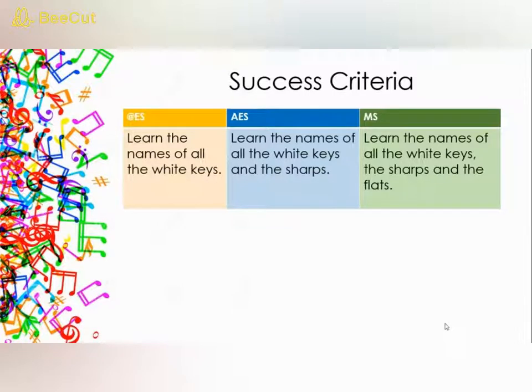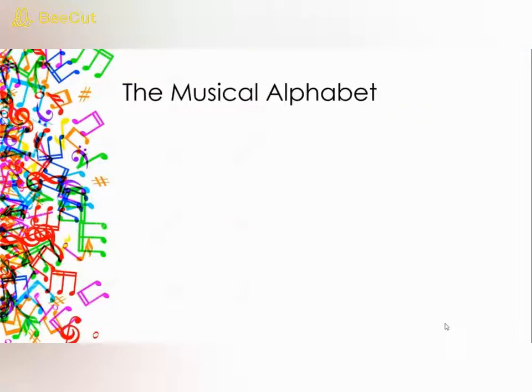For those who are achieving a little bit higher than that, so going to above expected standard, you're going to learn the names of all the white keys, but also which notes are the sharps as well, which are those black keys. And finally, for the mastery students, which is MS, you're going to learn the names of all the white keys, the sharps and the flats, which are both the black keys. So all the white keys are what are called natural notes, and the sharps and flats are the black keys.